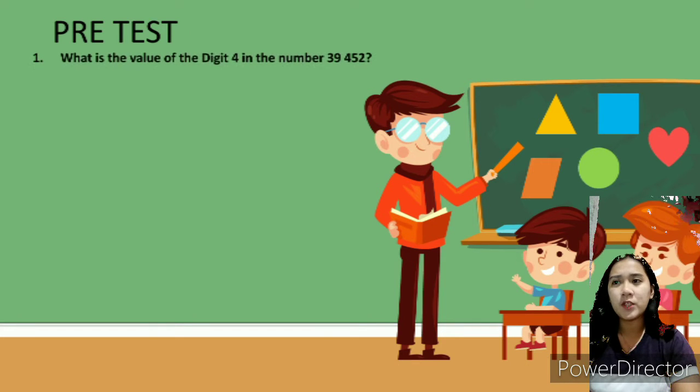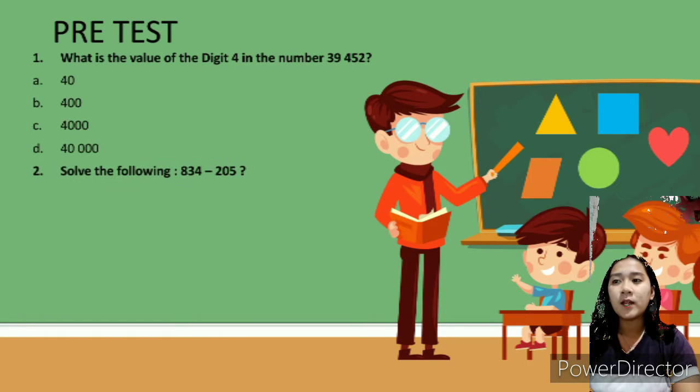Number 1. What is the value of the digit 4 in the number 39,452? A. 40, B. 400, C. 4,000, or D. 40,000? Number 2. Solve the following: 834 minus 205.